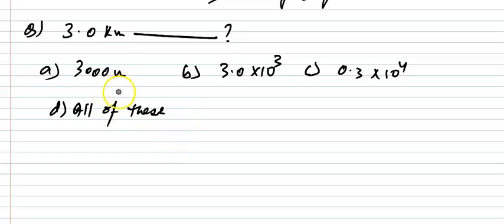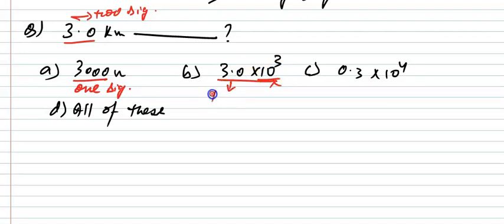Option number B. Yes, you can see over here all the options are correct, but it has two significant digits. How can we know? Because after the decimal the trailing zeros are significant according to rule number 4. The number is greater than 1, and after the decimal there is a 0, so it has two significant digits. Now find out in the options how many options have two significant digits. So this one has one significant digit. This one, according to scientific notation, the powers are not significant, so it has two significant digits.